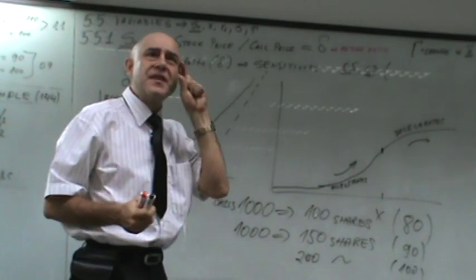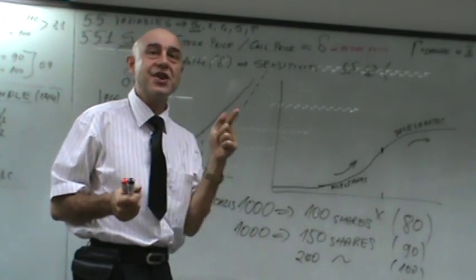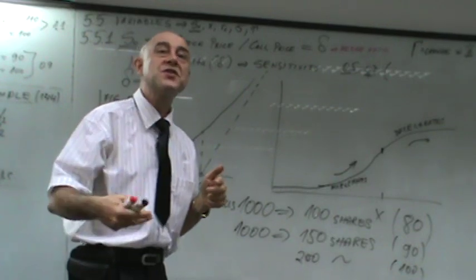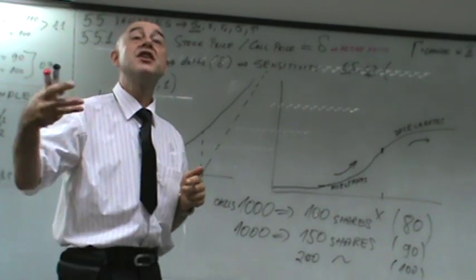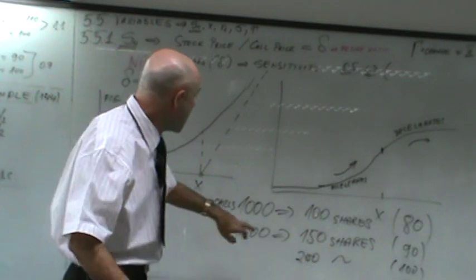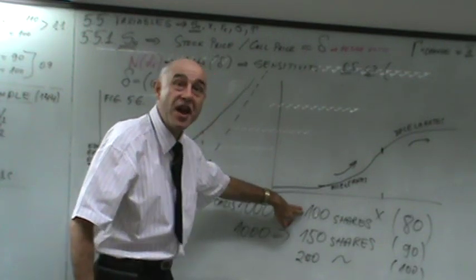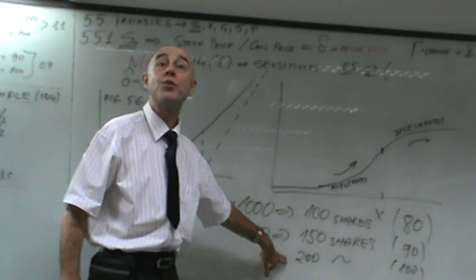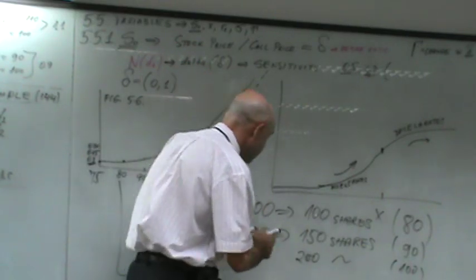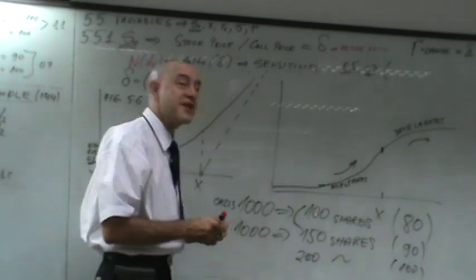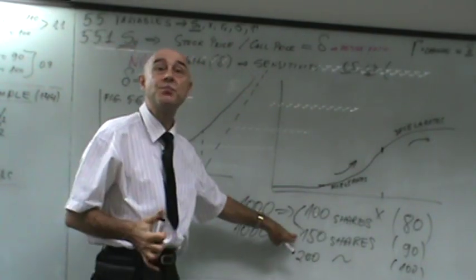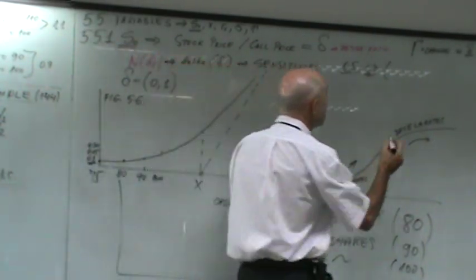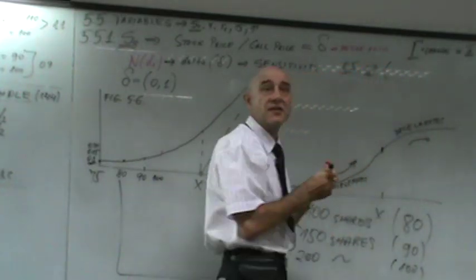So the problem with the delta hedge is that it constantly keeps changing. It was 100 shares, meaning 0.10, now it's 0.15, now it's 0.20. Well, the difference between 0.10 and 0.15 is gamma.